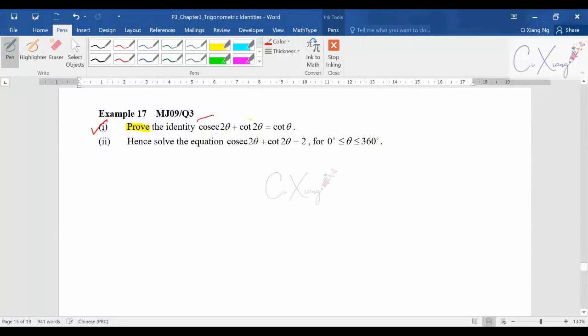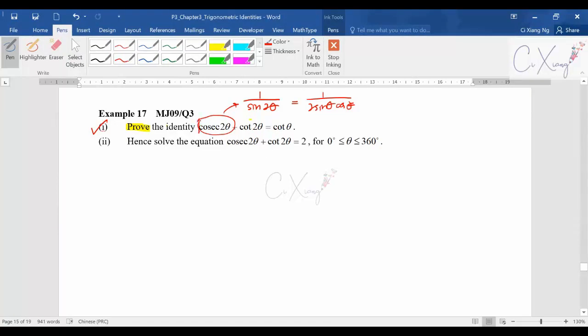When they are talking about cosecant 2 theta, you can change it to become 1 over sine. Then after that, you change it to 2 sine theta cos theta, and then you continue to try and get an answer. You can try it out on your own and see whether you can prove it successfully.